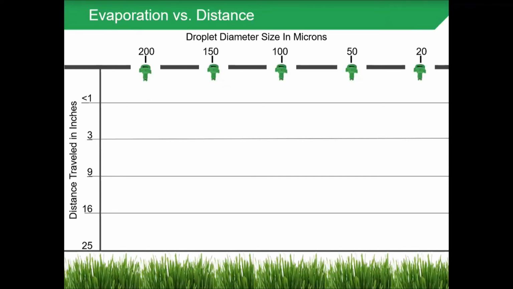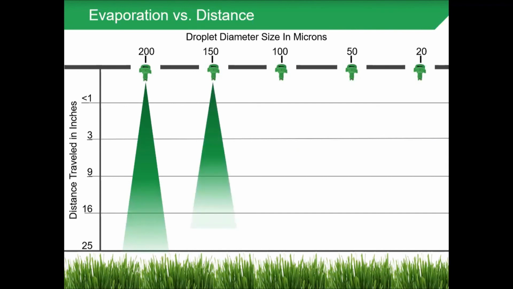A hair on your head is 100 microns thick. So we're talking about twice the thickness of a piece of hair. That droplet can travel 25 inches. So we're good at 200 microns. At 150, we're getting about 18 inches of travel. At 100 microns, maybe 10. 50 microns are only traveling 3 or 4 inches, and 20 microns less than an inch.